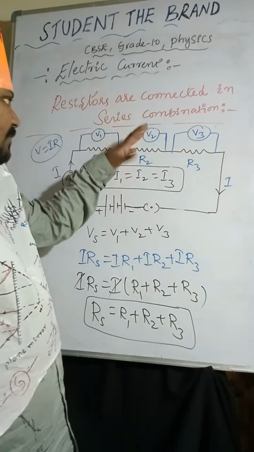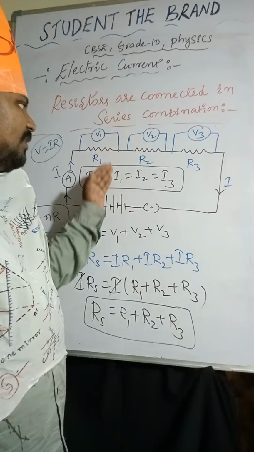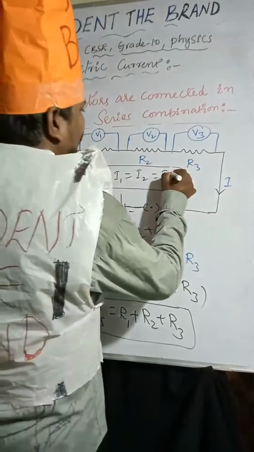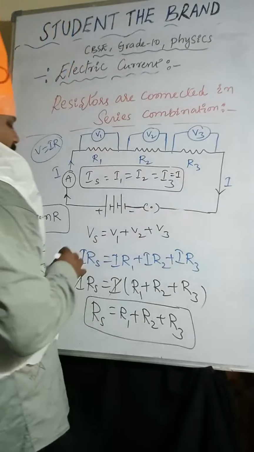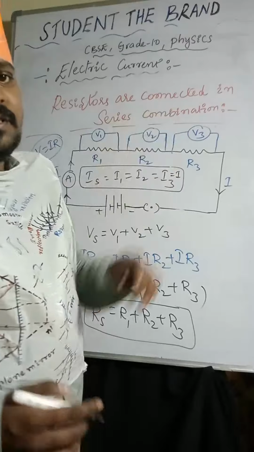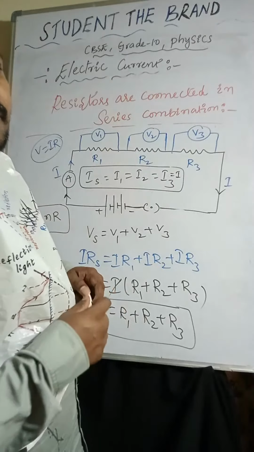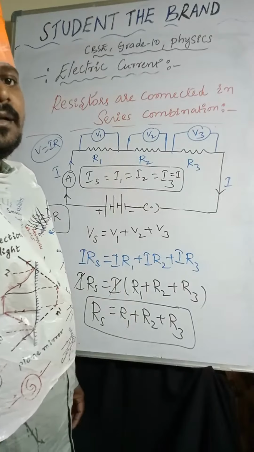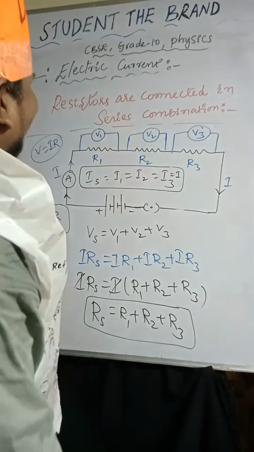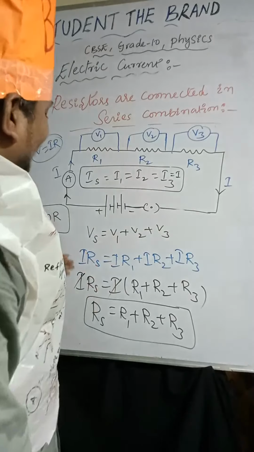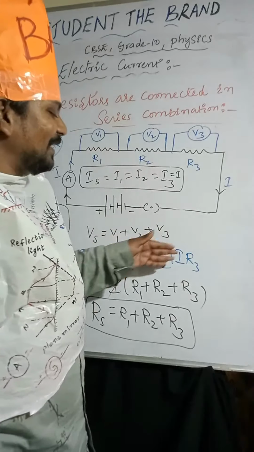So current is the same throughout the circuit, that's why Is equals I1 equals I2 equals I3 equals I. Vs equals V1 plus V2 plus V3 because the potential difference is different. So IRs equals IR1 plus IR2 plus IR3.